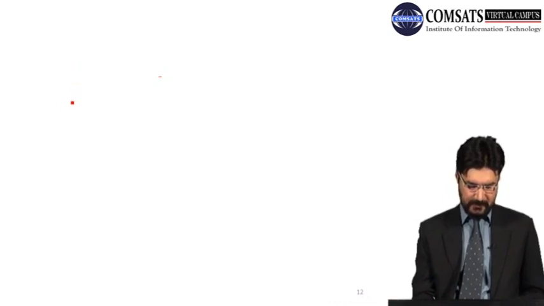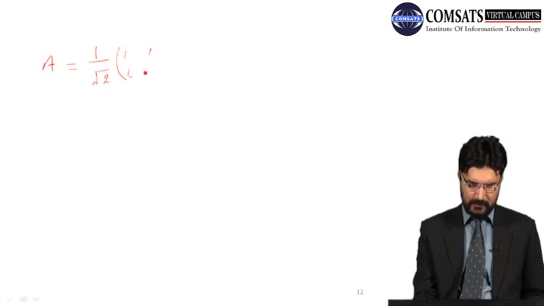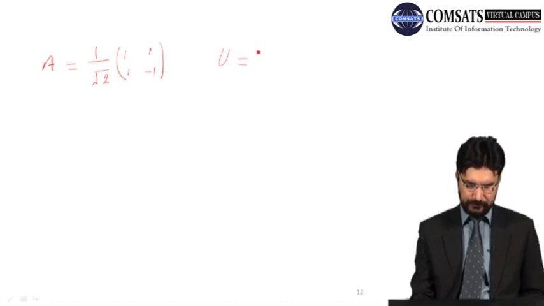Say we have the transformation matrix A equal to 1 by square root of 2 times the matrix 1 1, 1 minus 1, and we have the input image matrix U, which is equal to 1 2, 3 4.